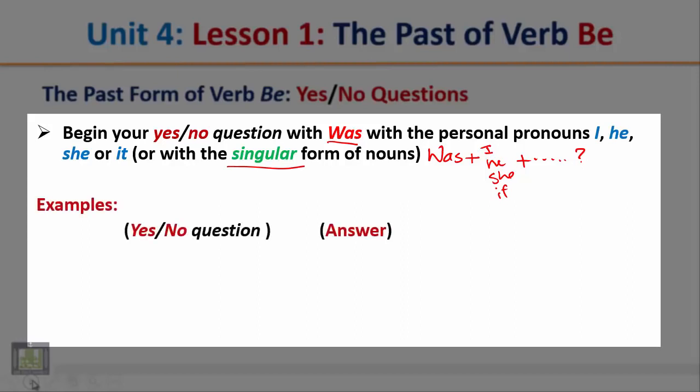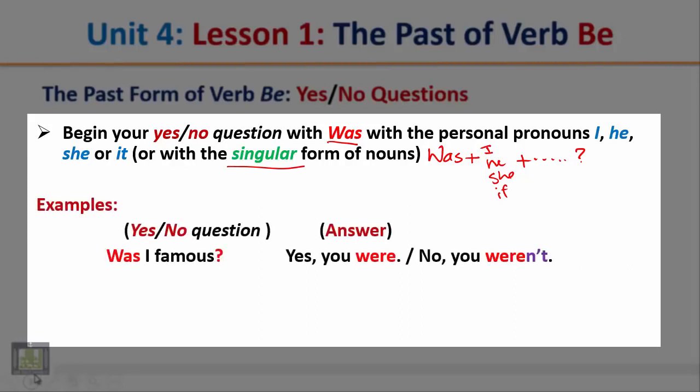Examples: was I famous? Notice here that we start the question with the verb was. After that we put the subject. Was I famous? The answer: yes you were or no you weren't.